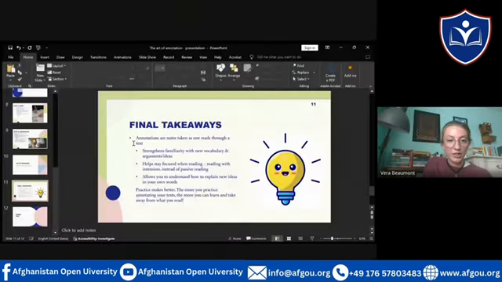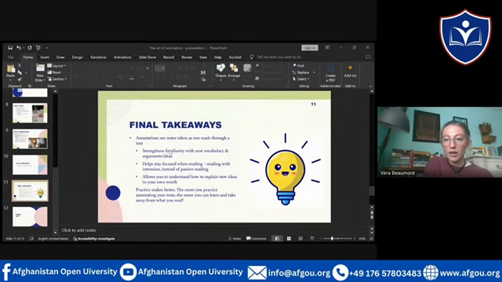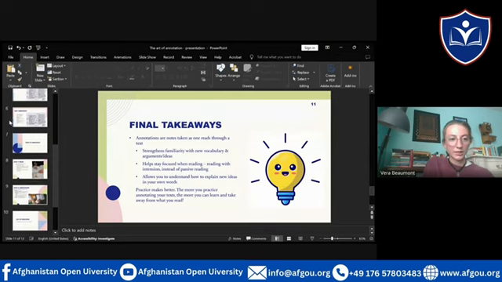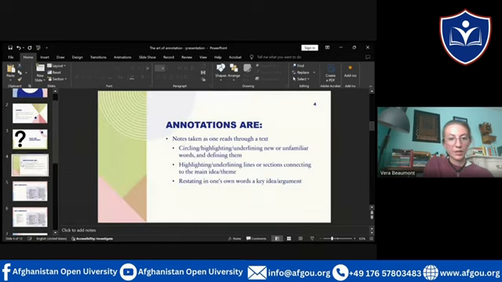The point of the session was annotating a text. Annotations are the notes you take as you read a text. That means highlighting, circling, underlining, and marking new unfamiliar words and defining them.